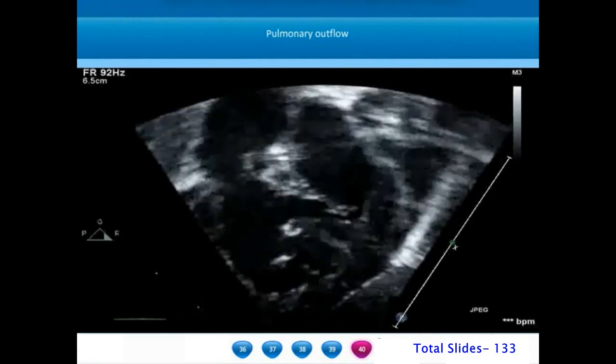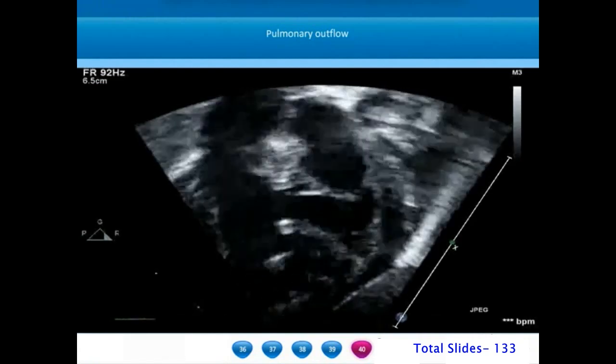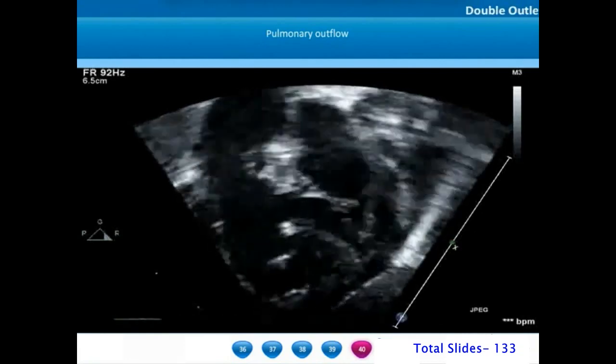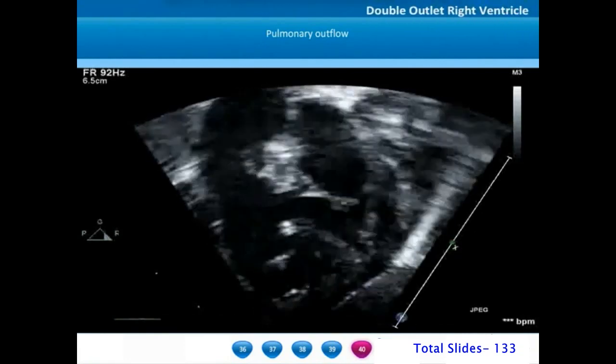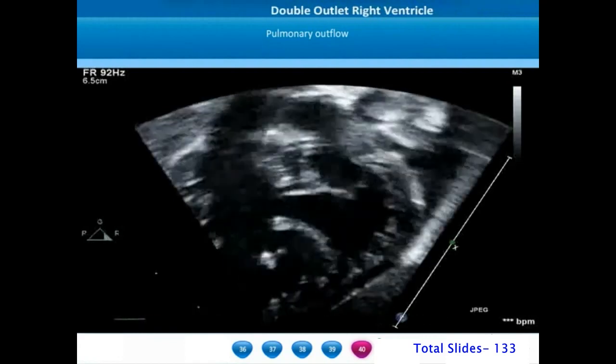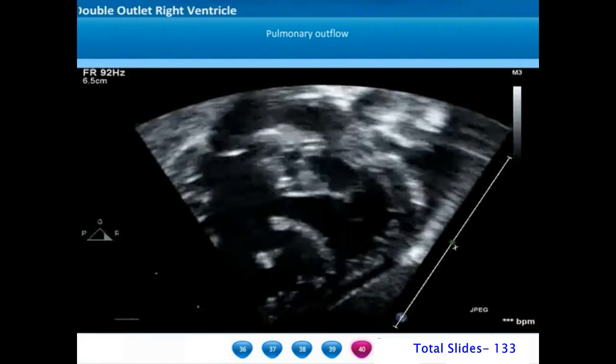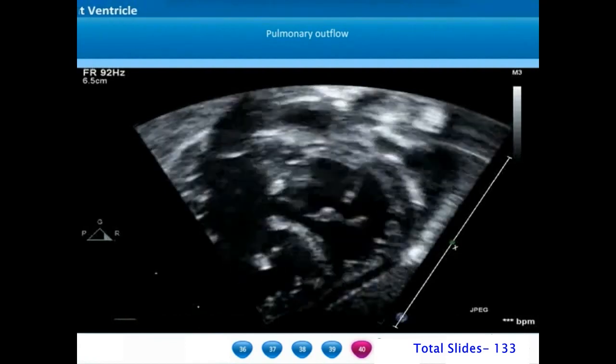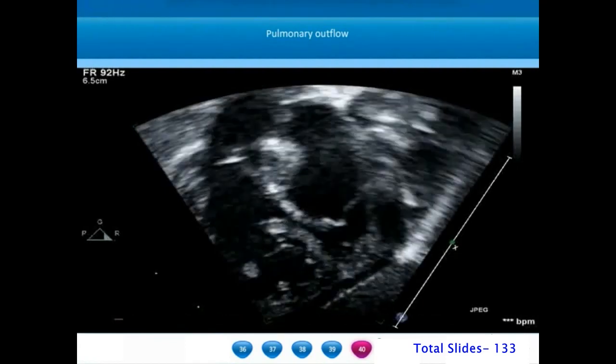On a leftward sweep, we can appreciate the large dilated pulmonary artery. However, the ventricular septal defect is seen far below. There is a long conal septum that is seen even below the pulmonary valve, separating it from the ventricular septal defect.